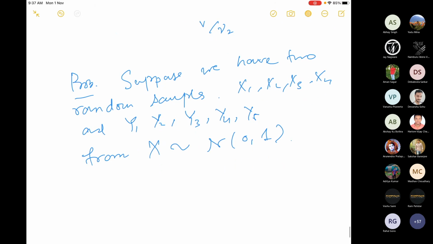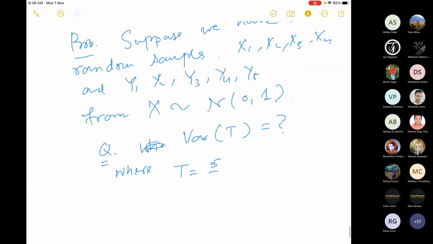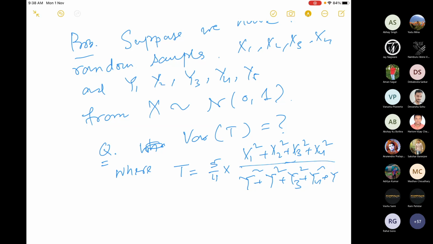The question here is, what is the variance of t? T is the statistic here, where t is 5/4 times x1 square plus x2 square plus x3 square plus x4 square, divided by y1 square plus y2 square plus y3 square plus y4 square plus y5 square.